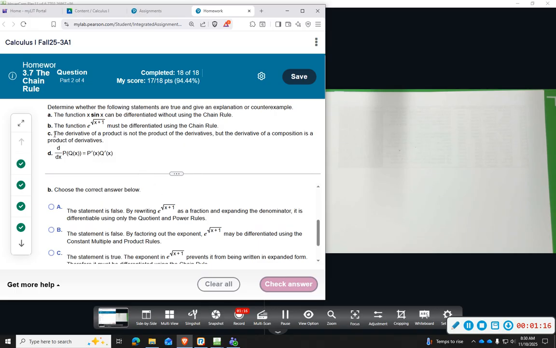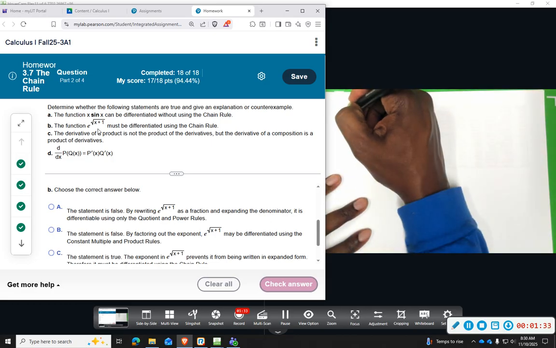All right. B says the function e raised to the power square root of x plus 1 must be differentiated using the chain rule. And I would say yes, you cannot separate that. Usually you can write powers.